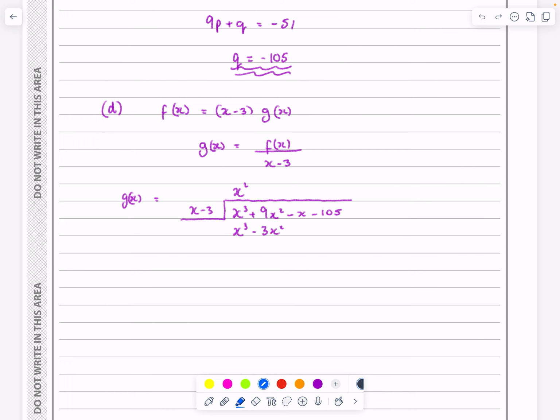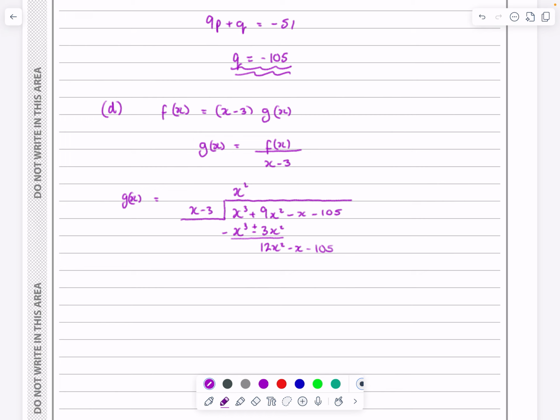When I subtract them, the x cubeds will go, and I've got 9x squared minus minus 3x squared, so that means 9x squared plus 3x squared. I tend to write that to show what I'm doing here. So that's going to give me 12x squared. Bring the rest of this down now, so minus x minus 105.